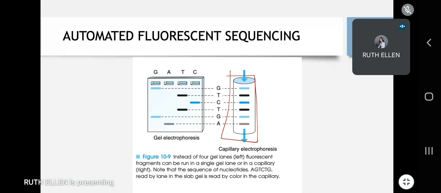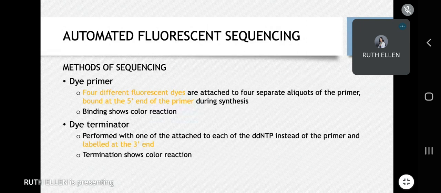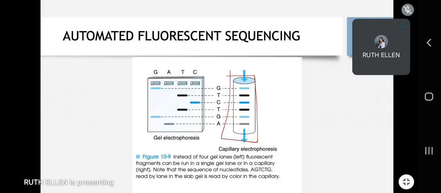Pero yung kulay talaga nila is more of blue, yellow, red. Basta later, sasabihin ko lang. Okay, so in this case, adenine is gray, guanine is light blue, thymine is black, cytosine is dark blue. So ang tinitignan na lang natin dito is the color, para ma-identify natin yung sequence nila.